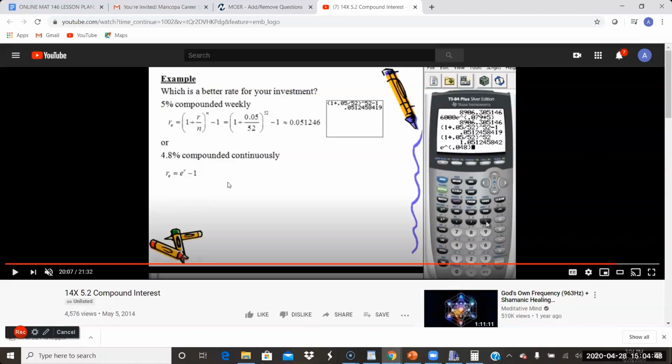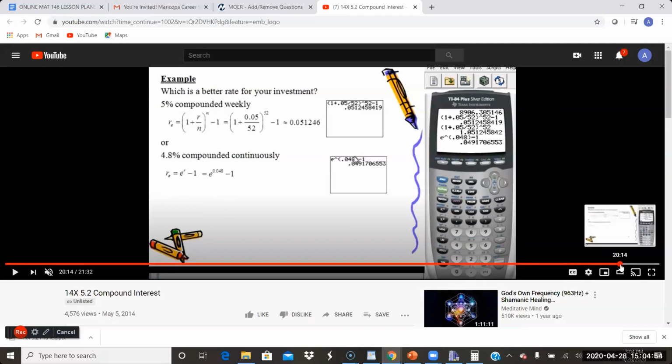So if you plug that into your calculator, you put in second e to get the e, then the caret, and then 0.048, like shown here, and then I subtract 1.